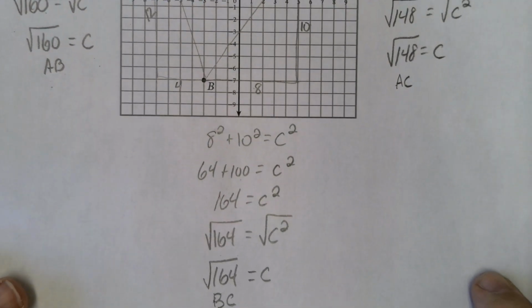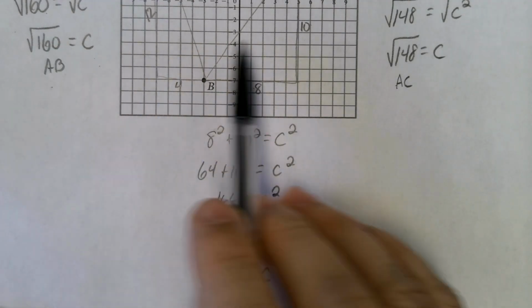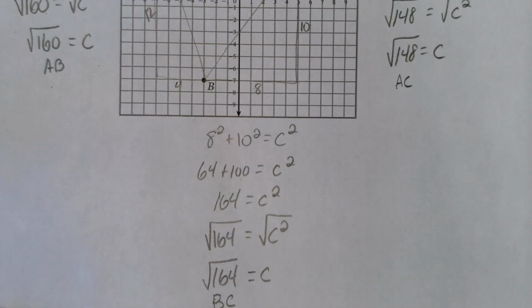If I'm comparing the 3 square roots, I notice that the square root of 164 is the biggest number, which would indicate the largest distance, or the farthest apart.